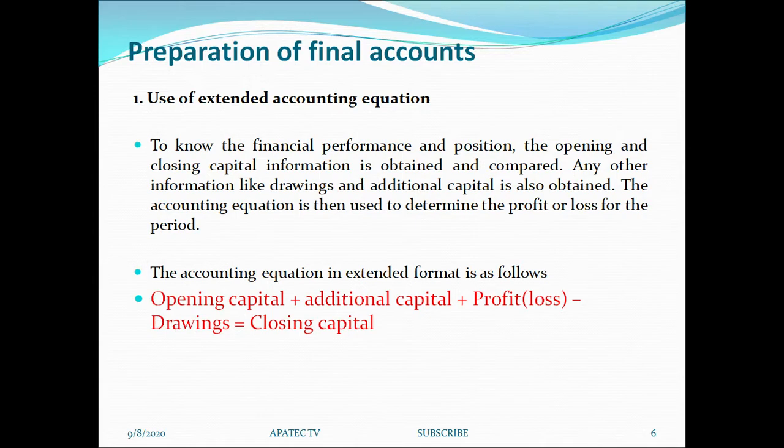If you are asked to calculate profit or loss, the profit or loss will be equal to closing capital minus opening capital, minus additional capital, plus drawings. That's how we are going to calculate it.